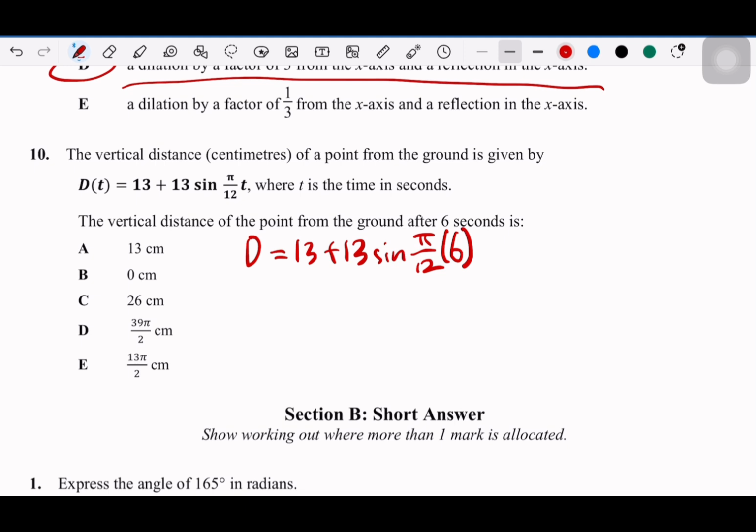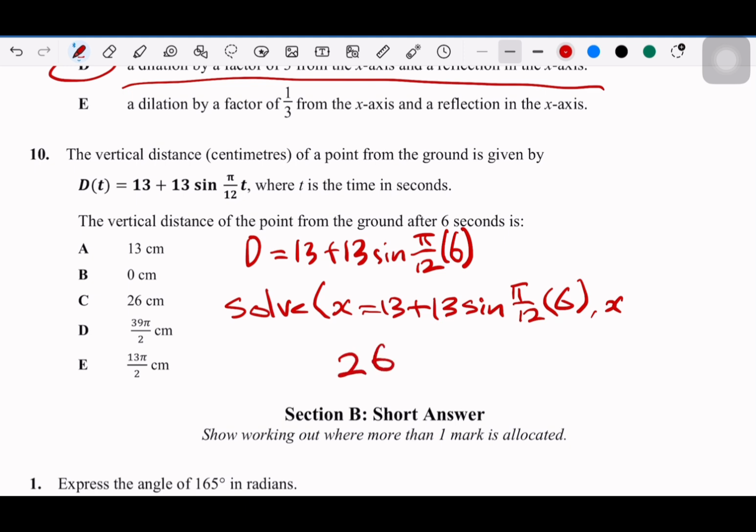If you don't know how to use one, if you have a CAS calculator, you input solve: x equals 13 plus 13 sine pi over 12 with 6, and you solve for x, right? And if you do that, you're going to get 26. And so our answer is going to be C.